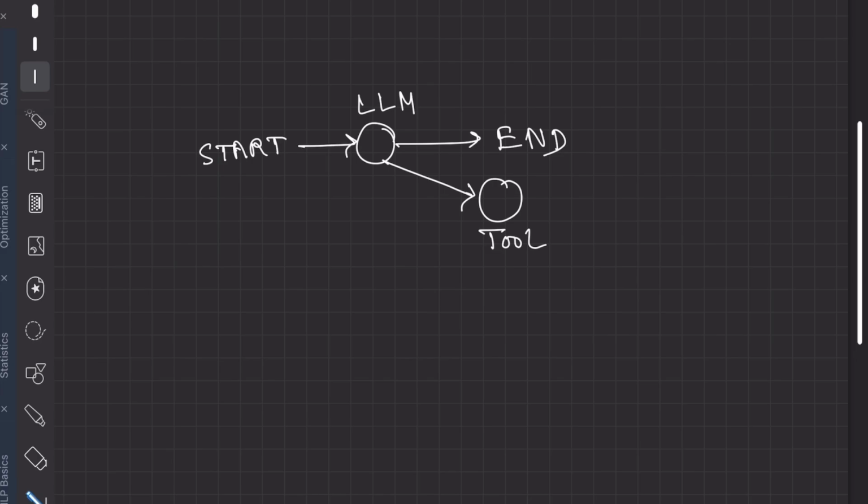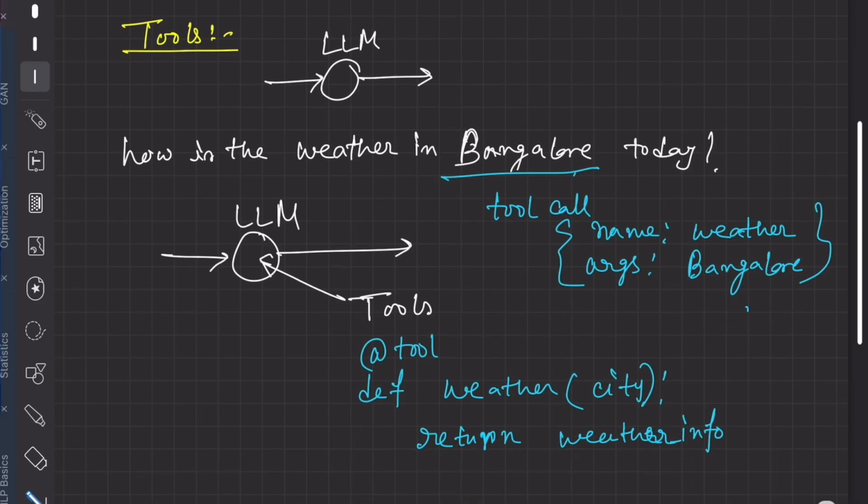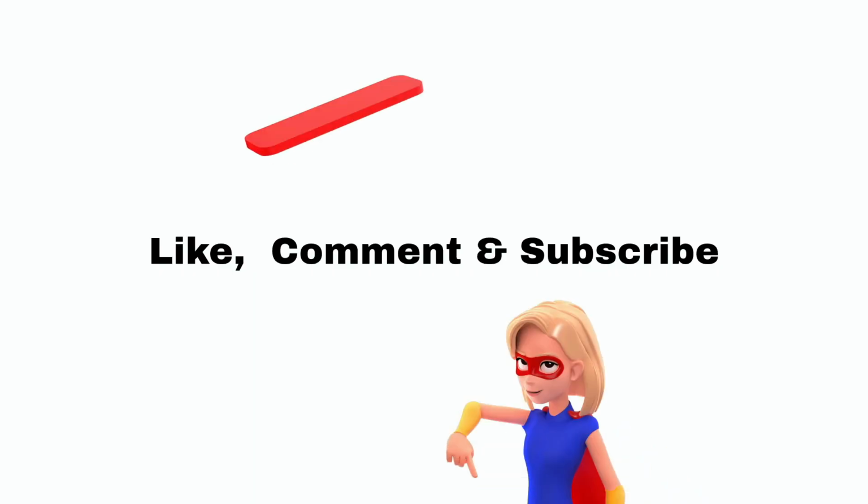After getting the output, we may have to go back to the LLM for some other processing. This will create a loop. Or it can happen that the LLM has to regenerate its output again and again, right? So this type of loop can exist in our agent. So this is the basic idea behind an AI agent with LangGraph, and we can start creating some cool agents now. Thank you.